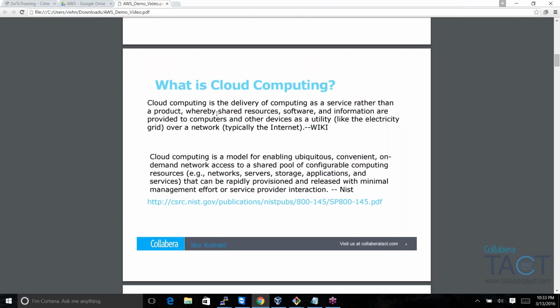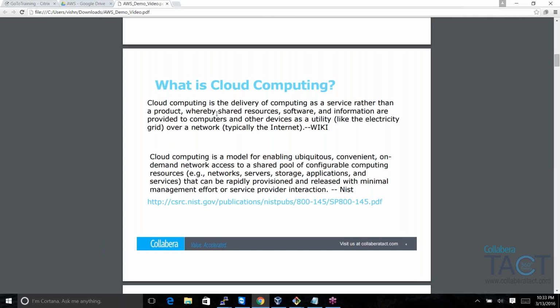This line is very important, and it goes on saying whereby shared resources, software, and information are provided to customers as a utility over a network. Basically, any computing service will be delivered to a customer as a service, not as a product.